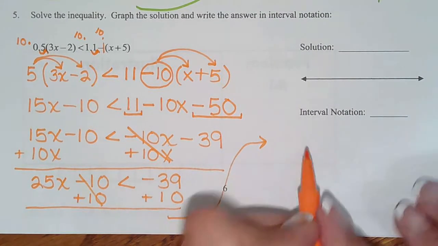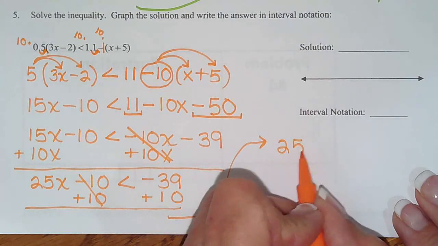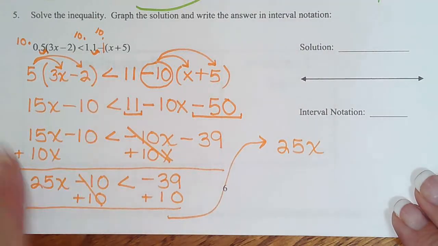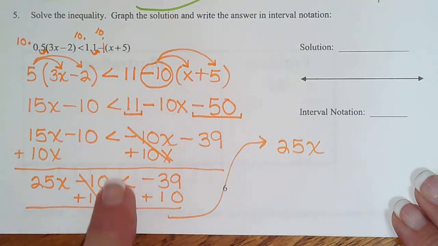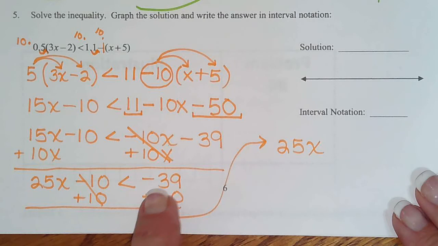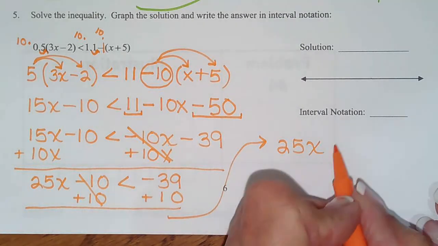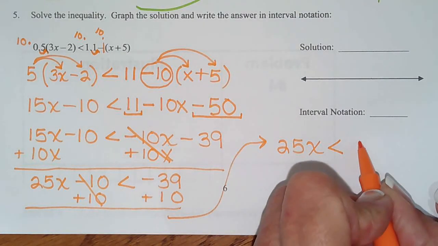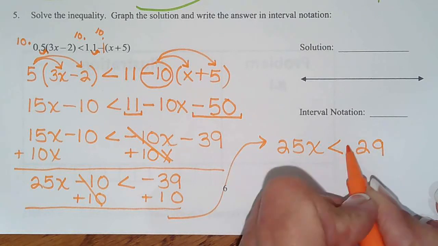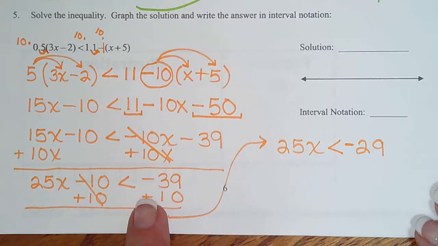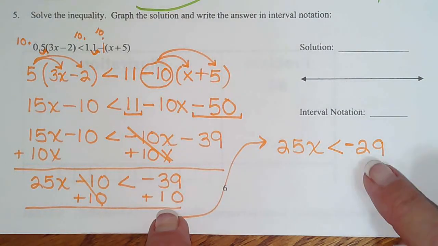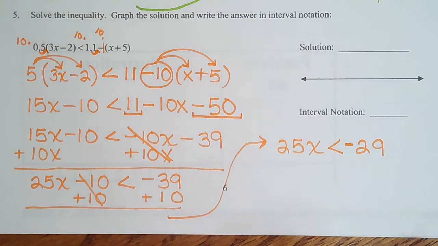25x. We haven't divided or multiplied by a negative anywhere. So notice the symbol's the same. It's still less than. Negative and a positive tells me to subtract and keep the sign of the larger. When the signs are different, subtract. 39 minus 10 is 29, but we keep the sign of the larger, negative.